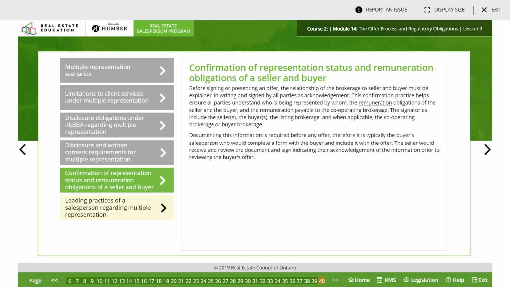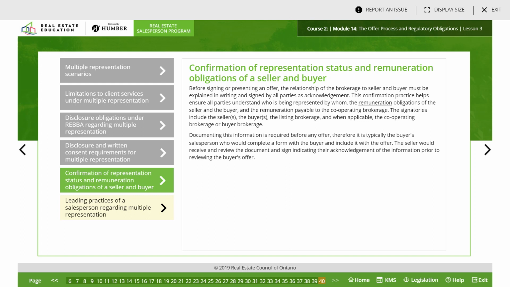This confirmation practice helps ensure that all parties understand who is being represented by whom, the remuneration obligations of the seller and the buyer, and the remuneration payable to the cooperating brokerage. The signatories include the sellers, the buyers, the listing brokerage, and, when applicable, the cooperating brokerage or buyer brokerage.